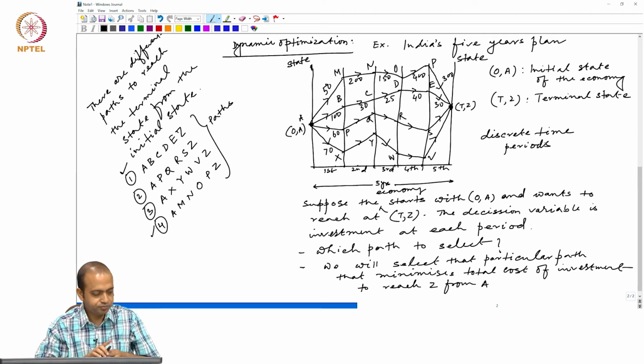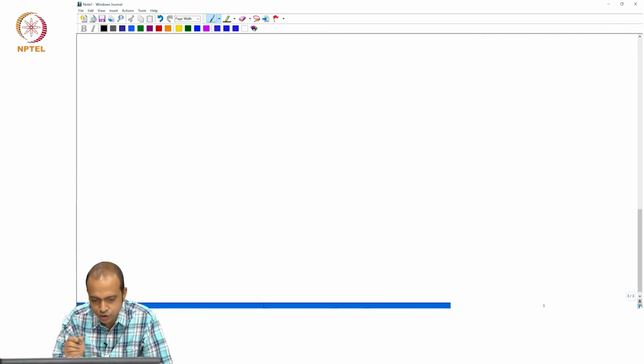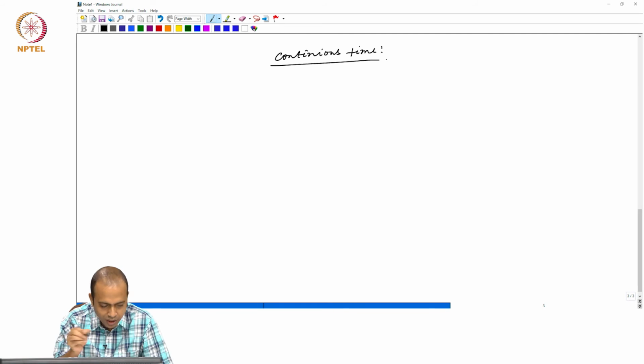If you assume time to be continuous, then what will happen? In case of continuous time, the diagram will look like this.